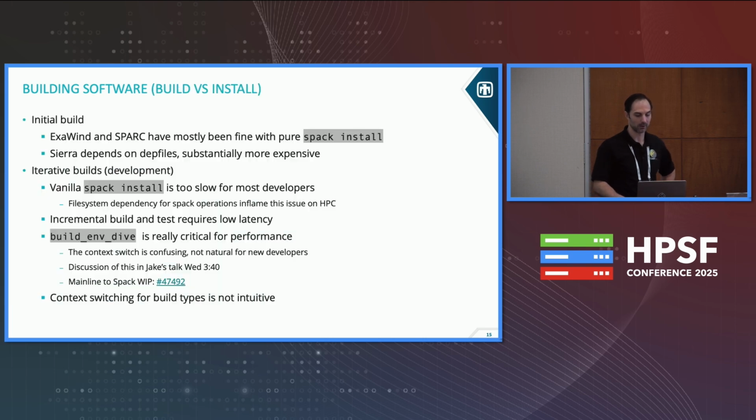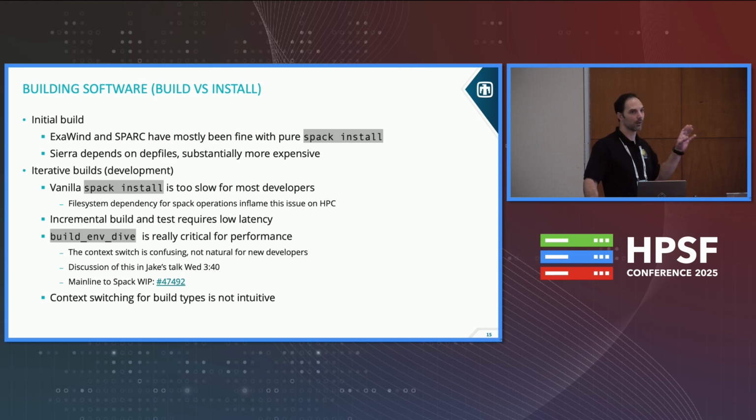So we're going to talk about that. Exowind and Spark have mostly been fine with pure Spack install, this kind of orchestration to do things. Sierra, due to its complexity and just cost to build, needs a more complex solution.